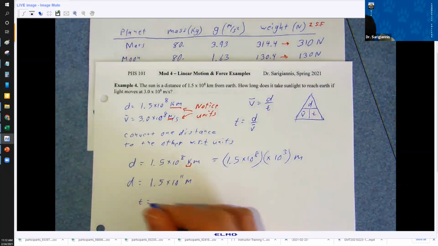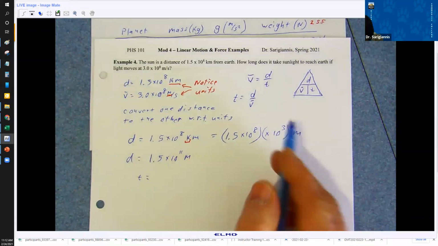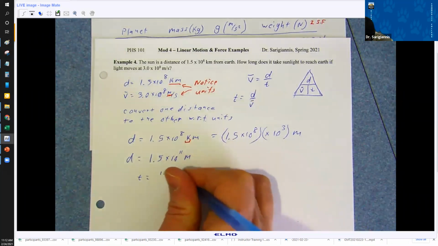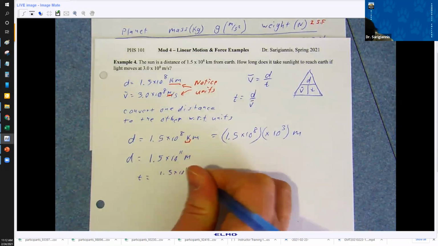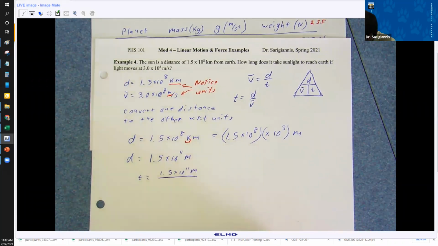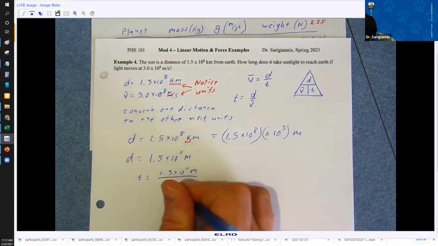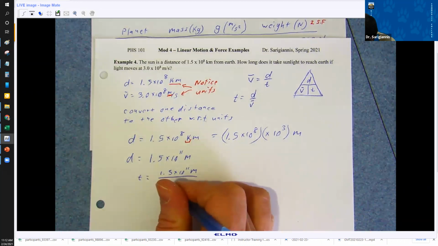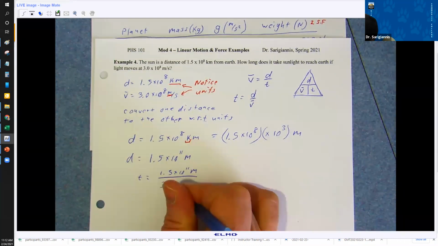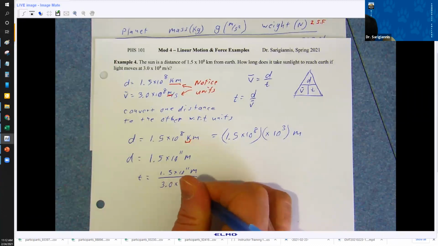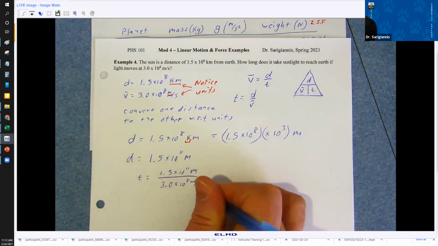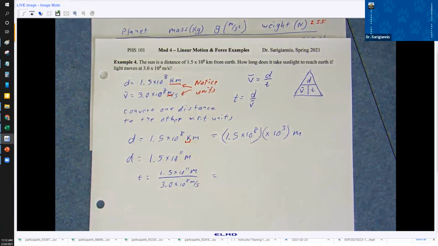So now we can write time is equal to distance over speed, or average speed, 3.0 times 10 to the 8th. When you do the division here, let's just look at the numbers.